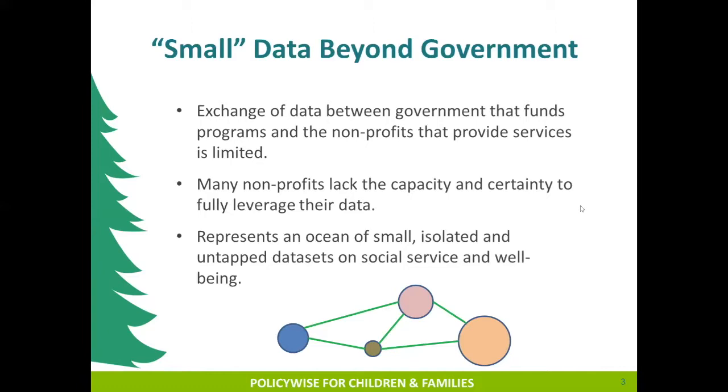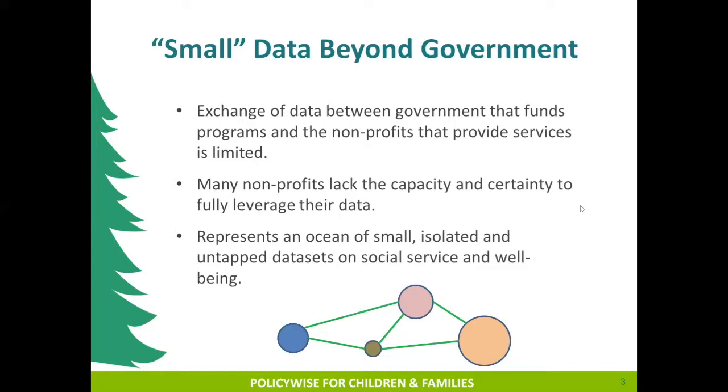What this really represents is an ocean of small, relatively isolated data sets that aren't necessarily used to their full extent. And there's a lot of value in this data because it is data from community organizations, from community clients, and it can tell us a lot about how people are doing when they receive these services.